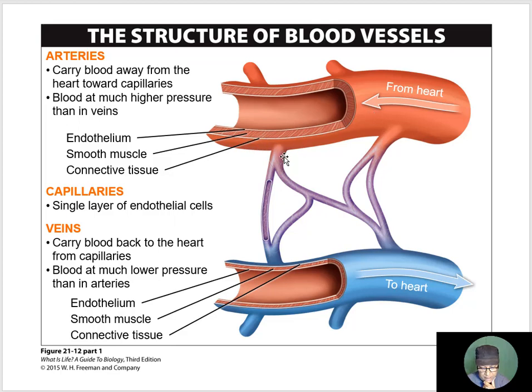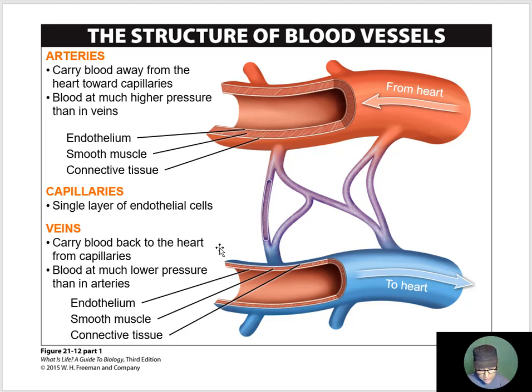And then we get to the capillaries, which just has a single layer of endothelial cells, because remember, this is where our diffusion is taking place. Just in your mind, put happy little cells here, making that exchange of oxygen and CO2 through diffusion in between this capillary bed here.